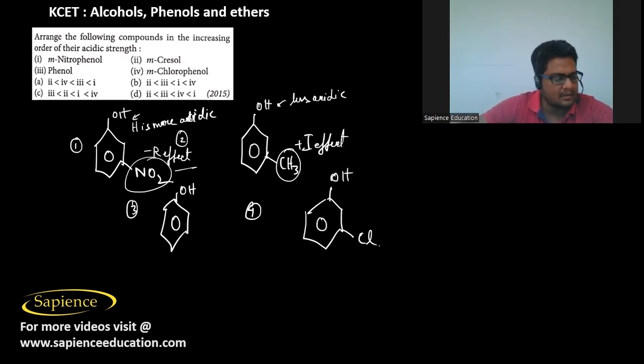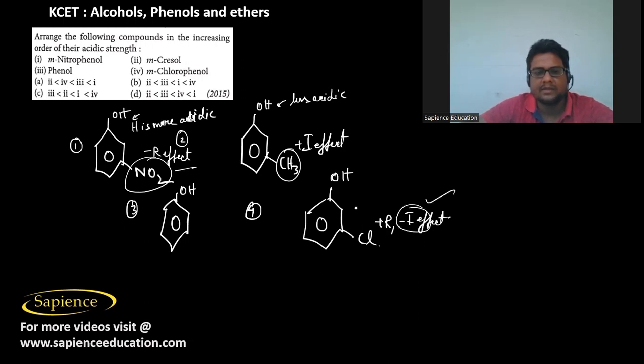And chlorine has got plus R effect and minus I effect. Since it is attached in the meta position, it will have minus I effect. So this hydrogen is more acidic than phenol, but it is less acidic than nitrophenol.